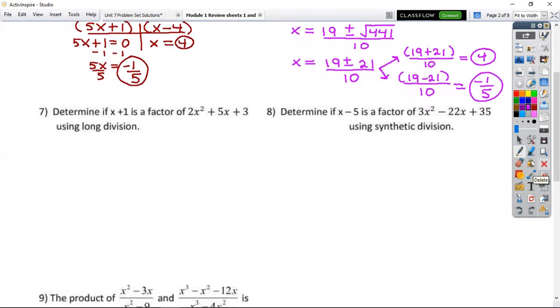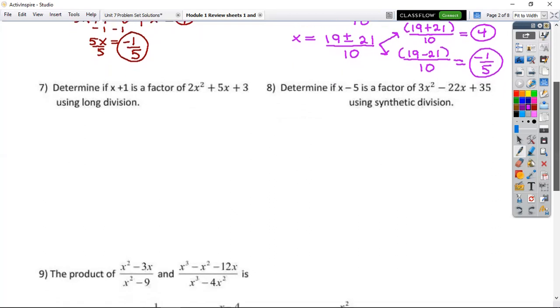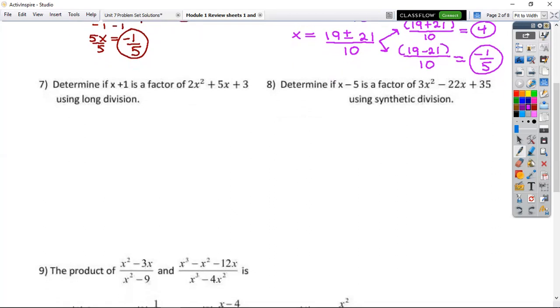we're going to determine whether or not x plus 1 is a factor using long division. So to determine if something is a factor, we are going to look at whether or not we have a remainder. So if I do long division, I'm going to take x plus 1, and we're going to divide, and I have 2x squared plus 5x plus 3.